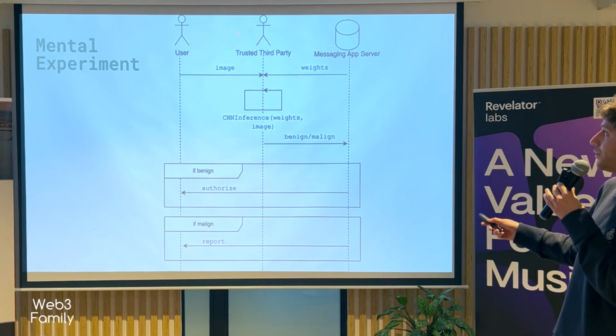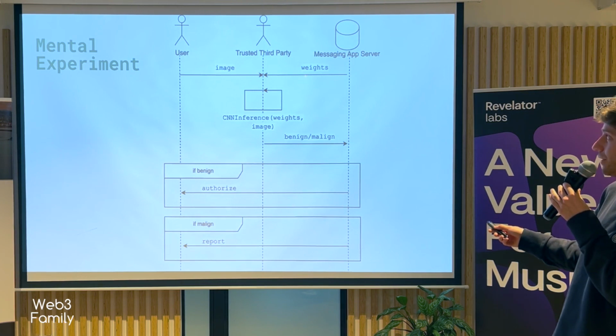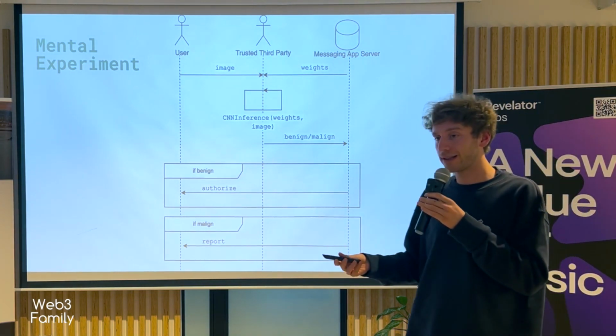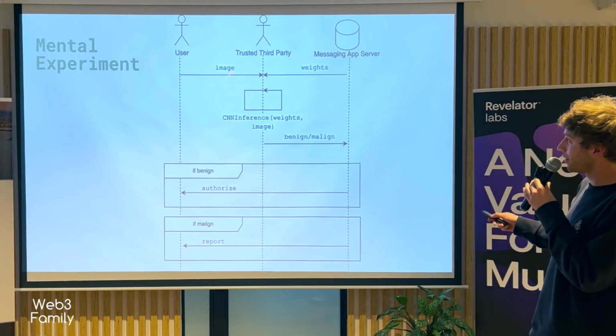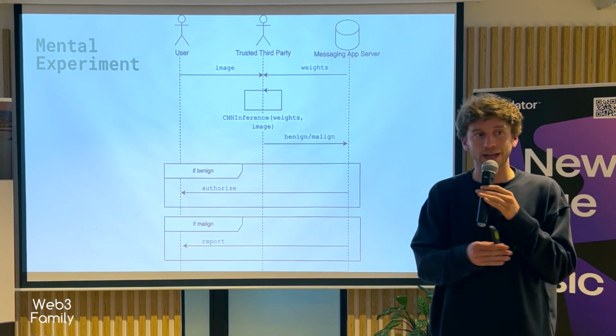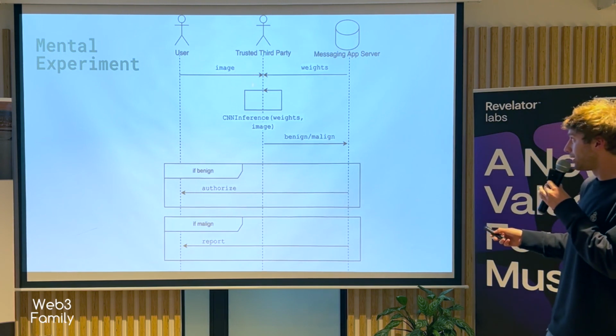They will never reveal the image to the messaging app server and will never reveal the weights to the user. And this trusted third party is also trusted in the sense that they're going to run this function as they are supposed to. So they won't deviate from the protocol and do something else random.